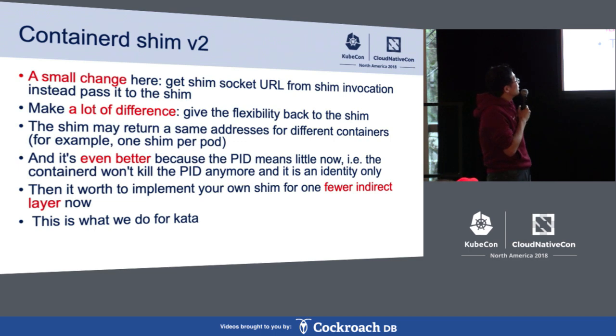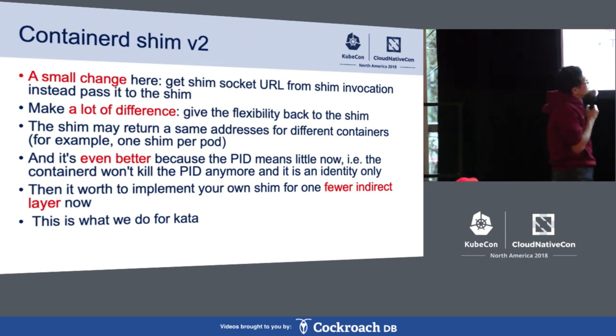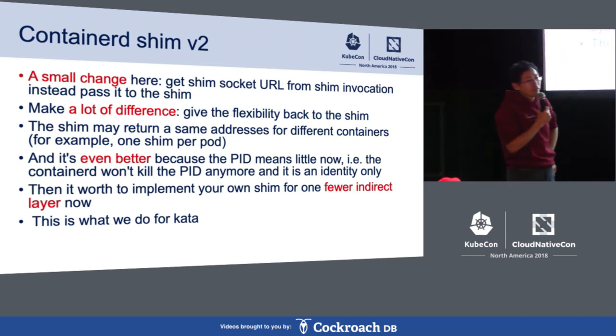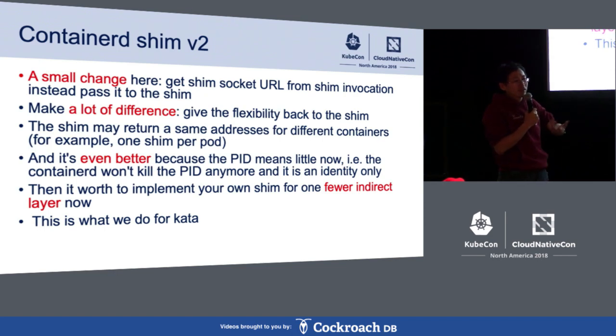And things could be even better because the PID means little now. That means they don't depend on the PID itself to do the kill and signal things. They just call the interface provided by shim v2. Containerd calls this socket with some gRPC calls instead of trying to kill the PID.